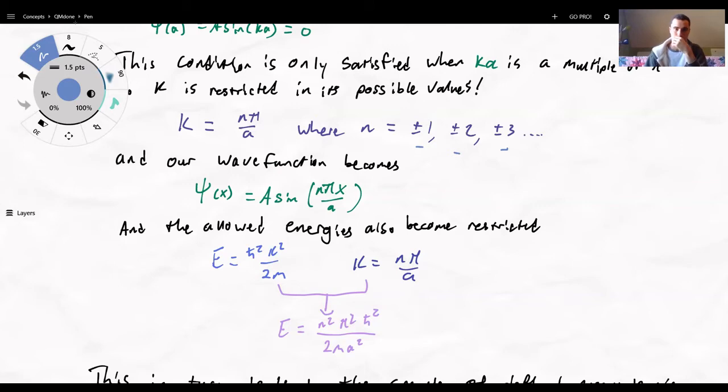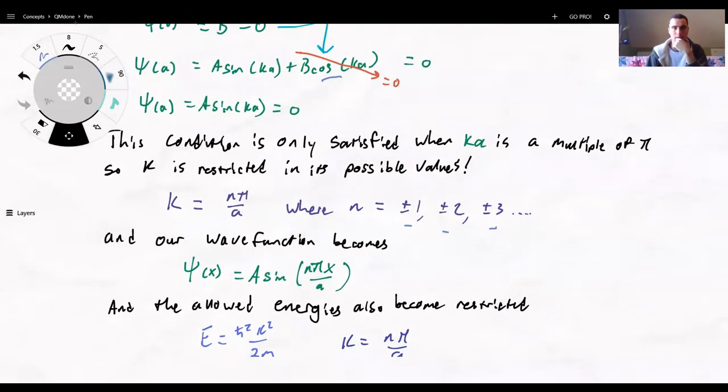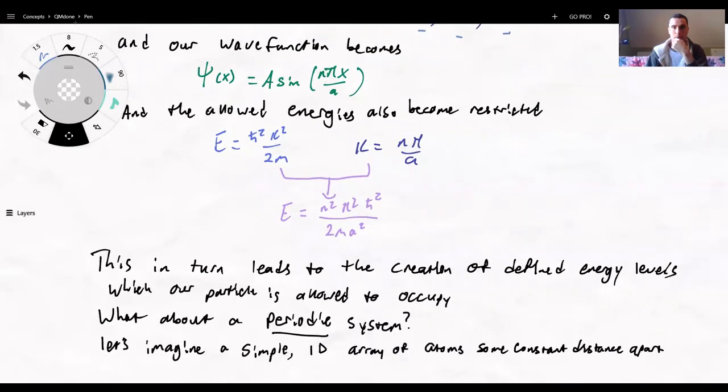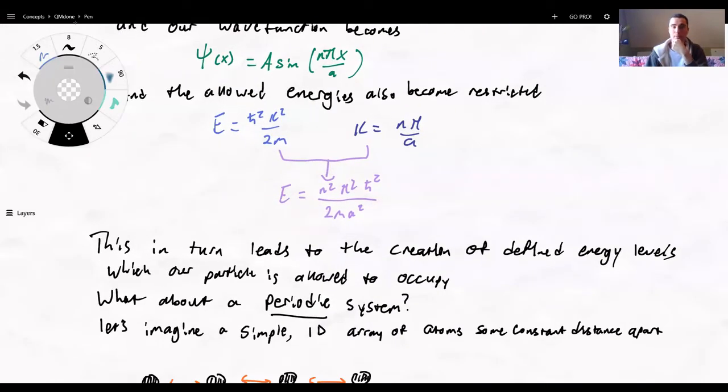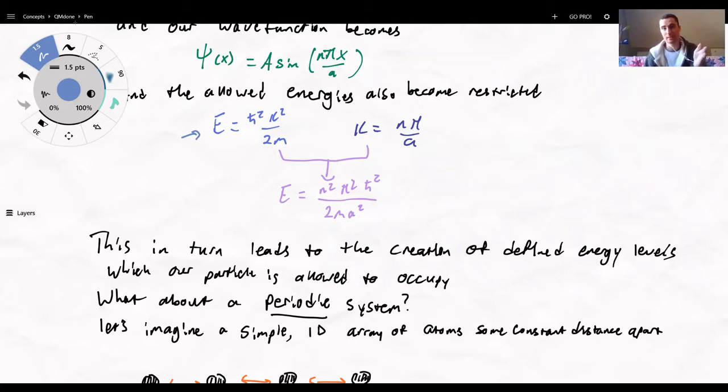Now, the allowed energies are also restricted. Because remember from before, the energy is going to be equal to h bar squared k squared over 2m. And we've restricted k, right? K has to equal this n times pi over a term.